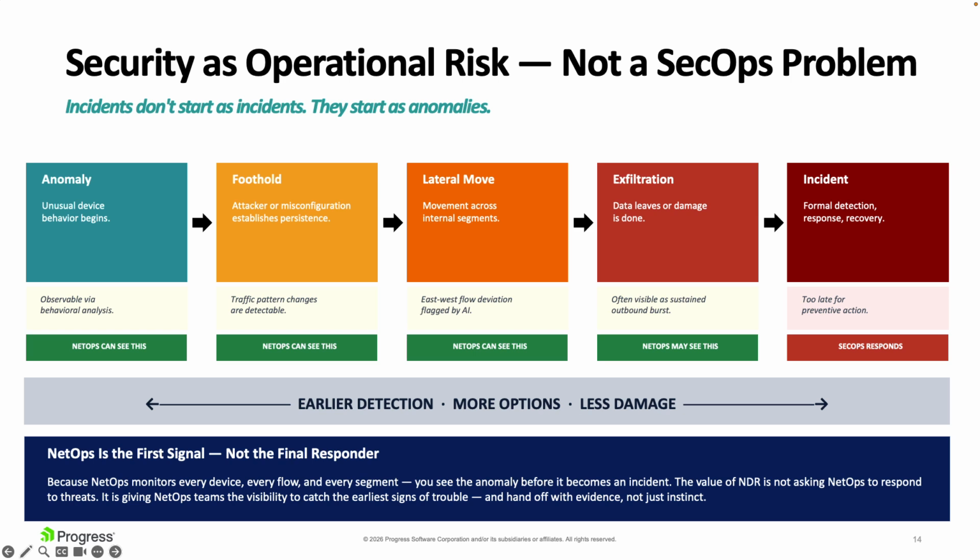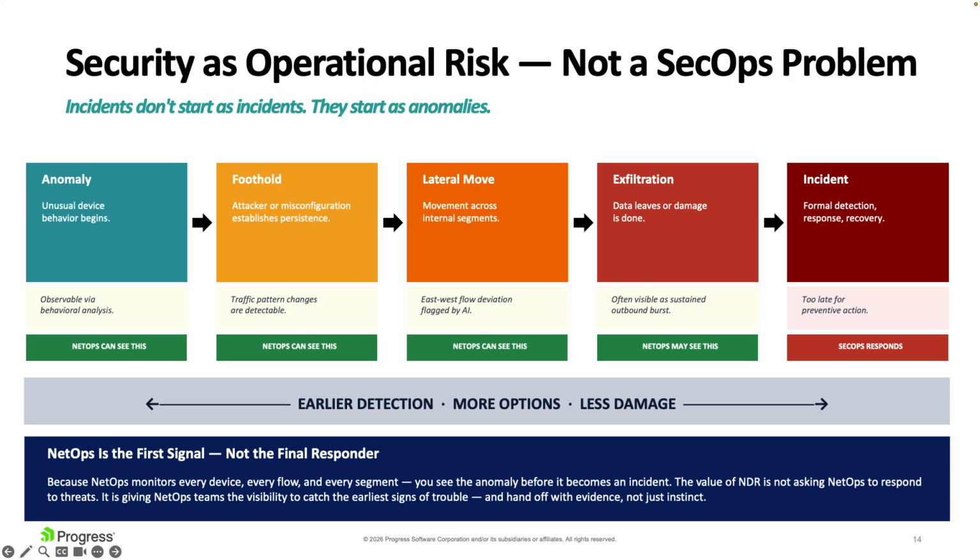Then moving from device to device, which is the lateral movement across the internal segments. That's the east-west flow deviation that can be flagged by the AI algorithm as well. Again, it's seen by the network operations. And then exfiltration: suddenly there is a large amount of traffic outside of our corporate segment, talking to a command and control server in Thailand, for example.